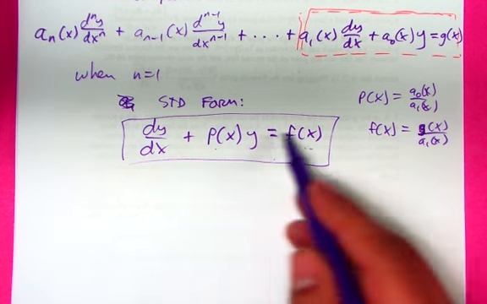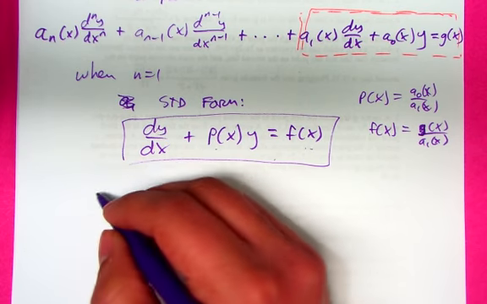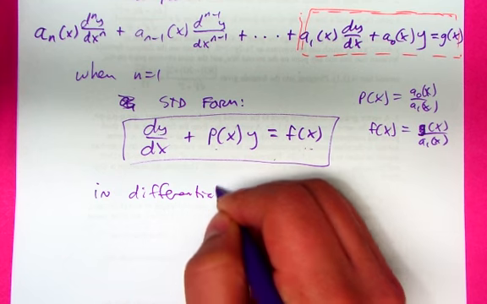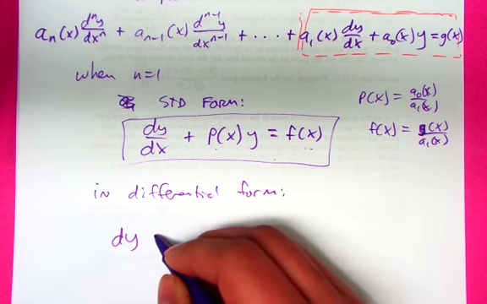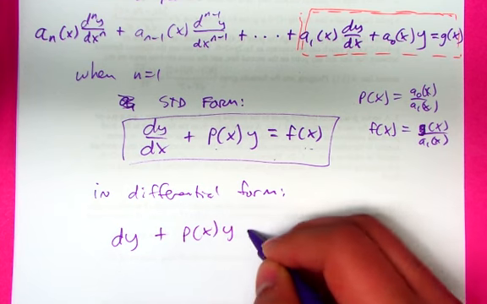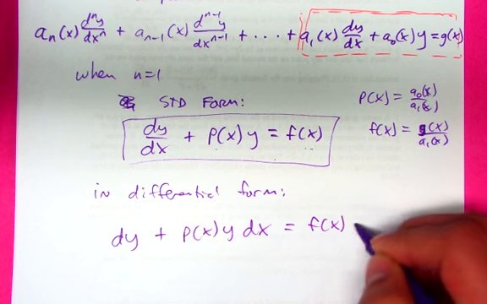I'm going to write this in differential form. So if I multiply through by dx, in differential form we get dy plus p of x y dx, which equals f of x dx.